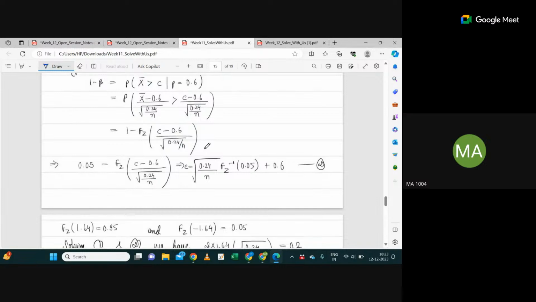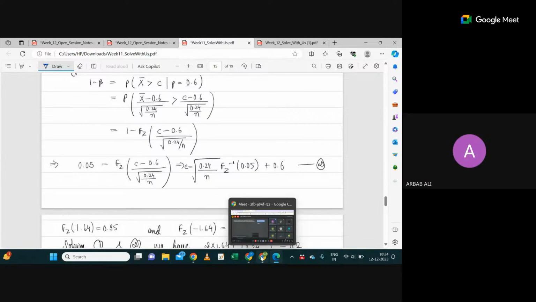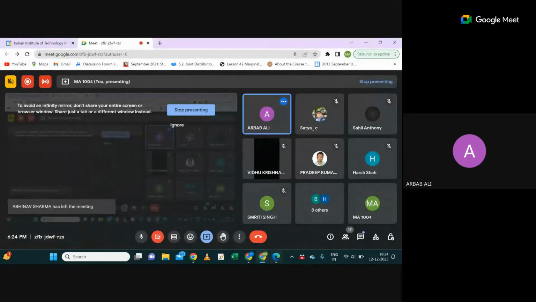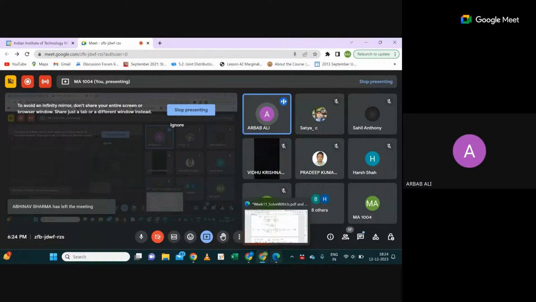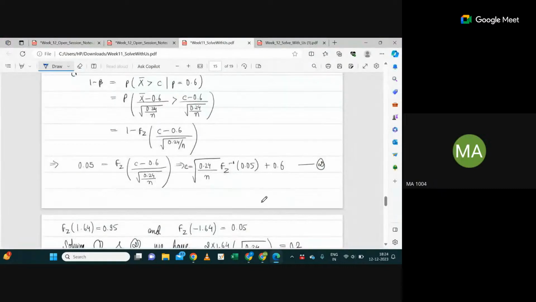Anybody else who has a doubt from the week 11 solve this PDF? Sir, I have one doubt. Yes. Sir, how can we define test statistics in the question? It depends on the function of samples, what is the question. I think you had attended the last session. Yes, sir, I attended. Sir, sometimes in the lecture the professor takes variance, sometimes takes the mean.